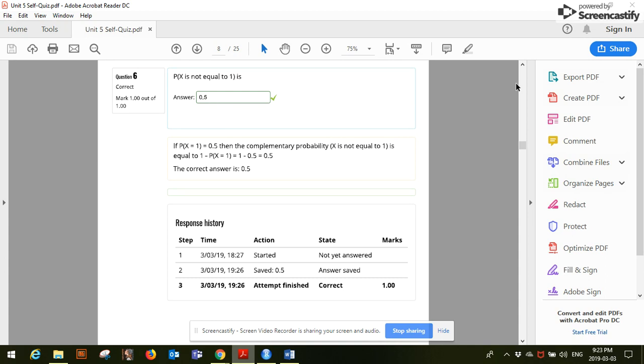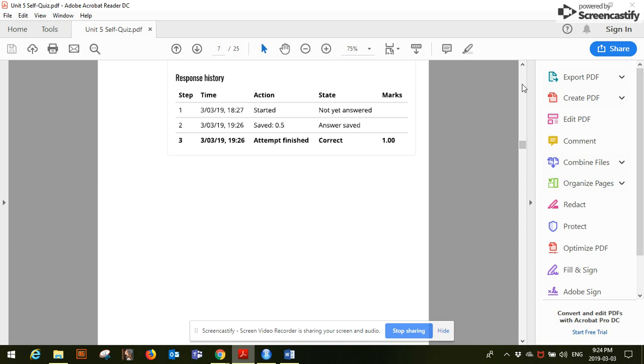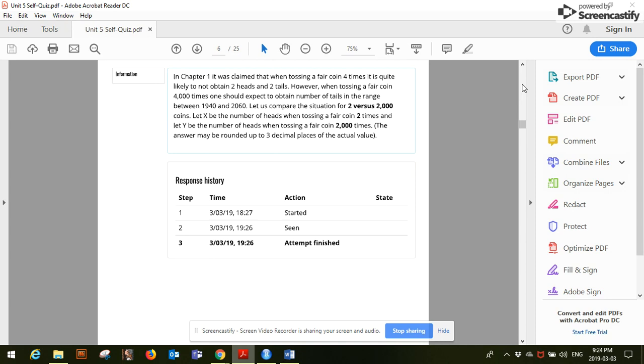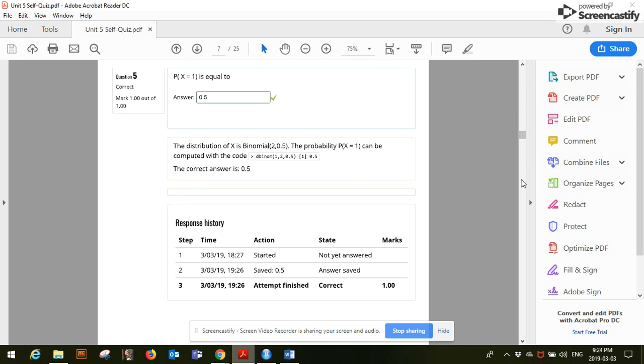So X not equal to 1 is the complement, 1 minus P of X equal to 1, which is why we again have 0.5.